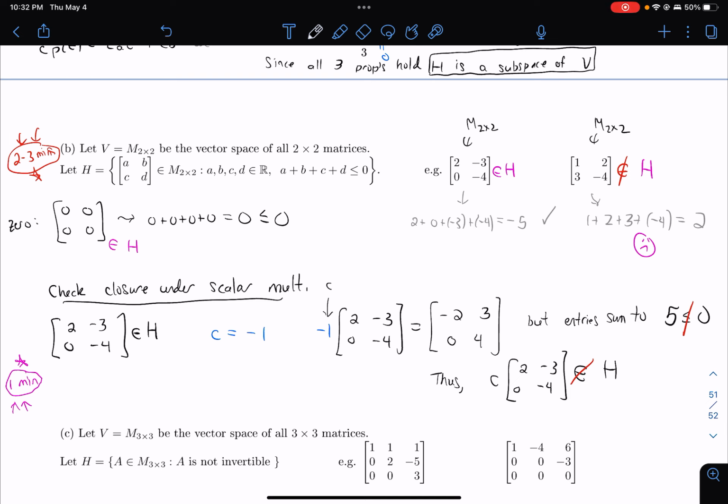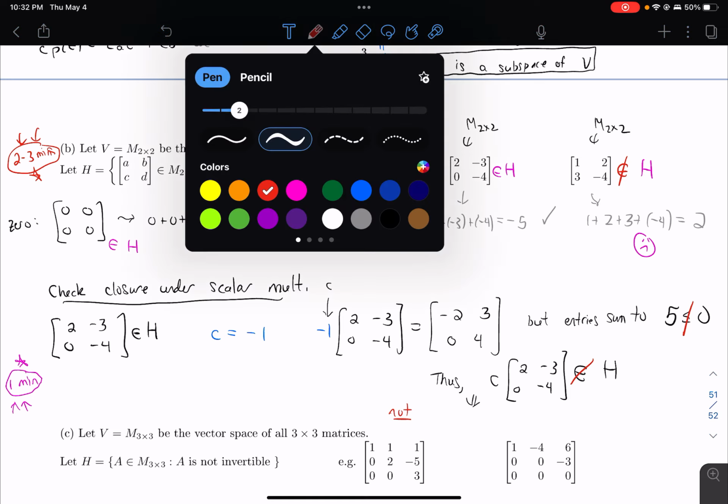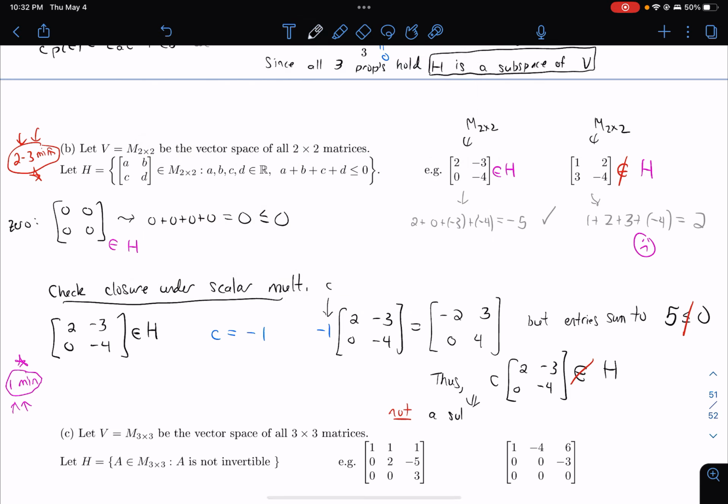So as a result, this means it is not a subspace, since it's not closed under scalar multiplication. It turns out if you were to check the addition property, that one would work. That would be a great practice problem for you to try. But at this point, we know it's not a subspace, so that is good enough for us.